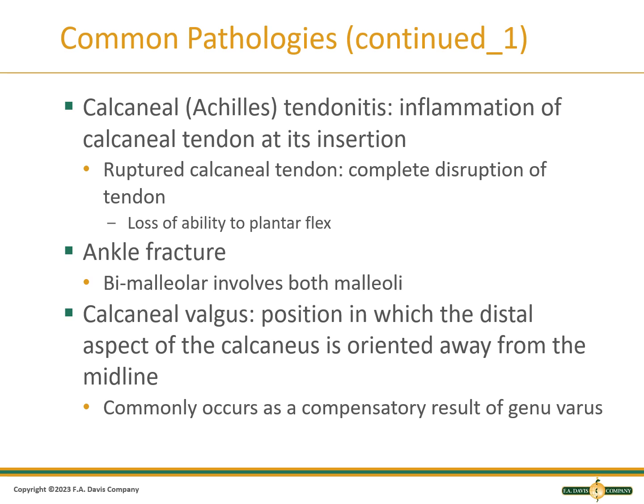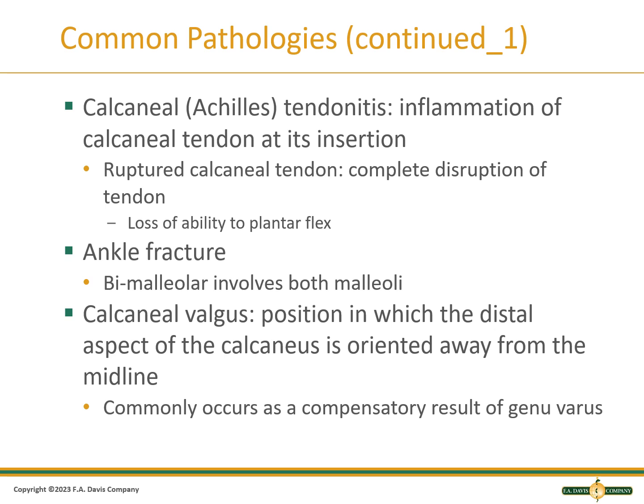And then we've got calcaneal valgus and calcaneal varus. We talked a little bit about this when we talked about genu valgus and genu varus and coxa valga and coxa vara. Calcaneal valgus is where the distal aspect of the calcaneus is oriented away from midline. So standing behind a person, looking down the back of their leg, their foot kicks out like this.